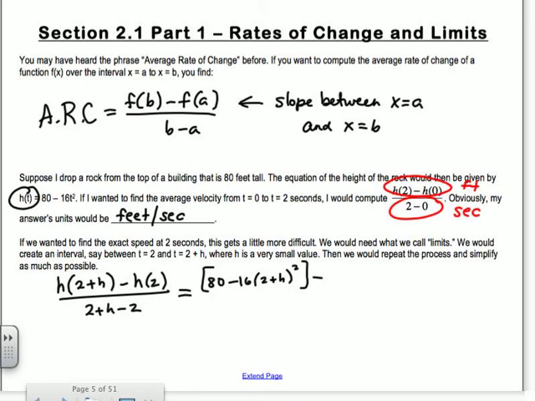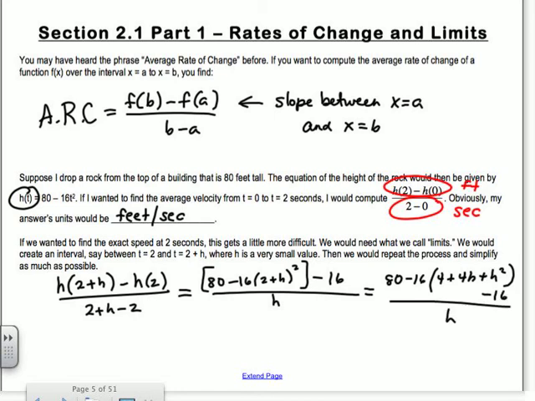Can anybody do h of 2 in their head? 2 squared is 4, times 16 is 64. 80 minus 64 is 16, right. All over, what's the denominator? h. Equals, we're going to go ahead and FOIL everything out. Multiply in, so I get 80 minus 16 times, when I FOIL, it's going to be 4 plus 4h plus h squared, minus 16, all over h.